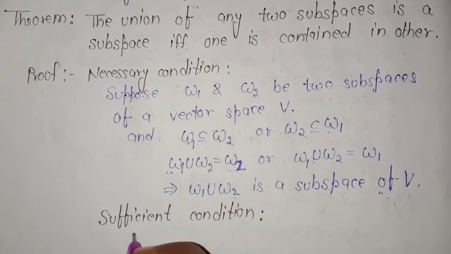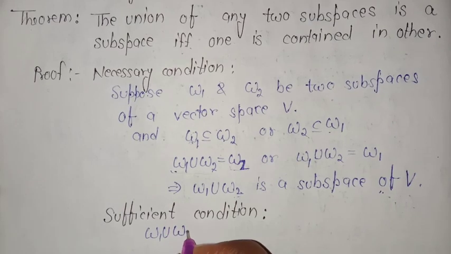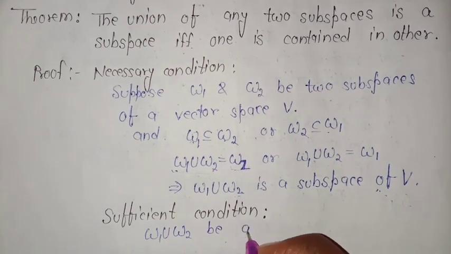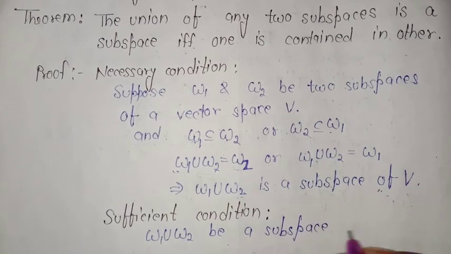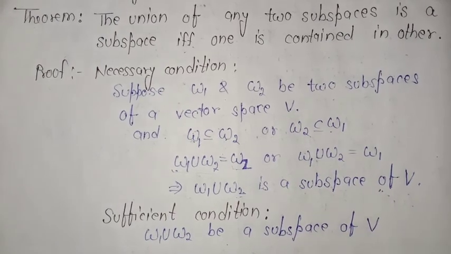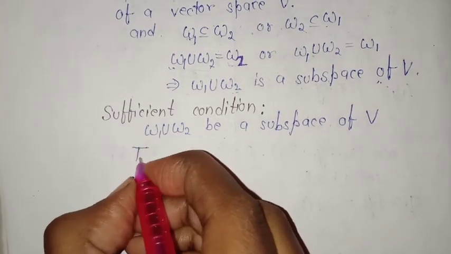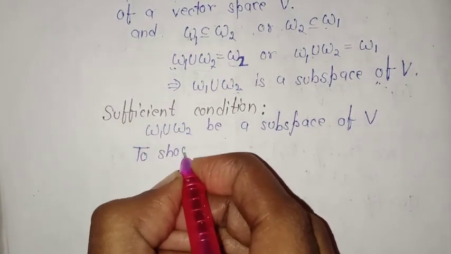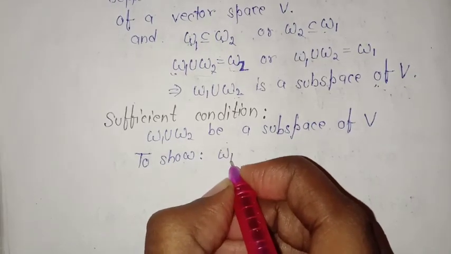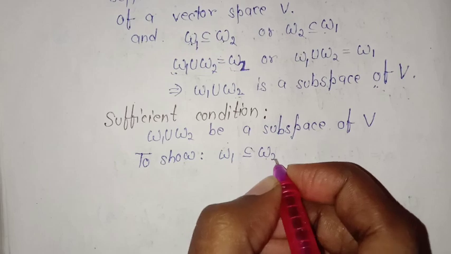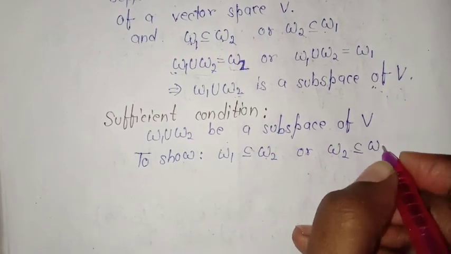Let W1 union W2 be a subspace of V. We need to show that W1 is contained in W2 or W2 is contained in W1.